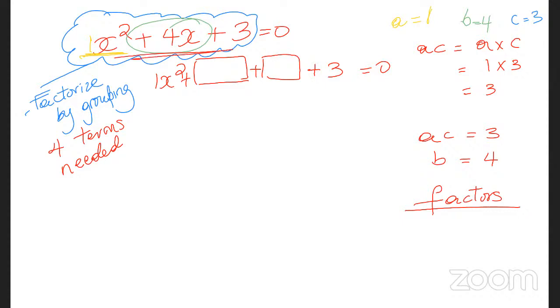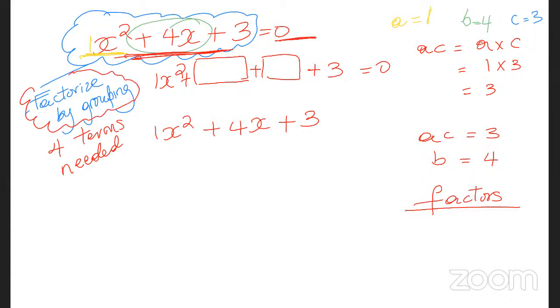So 2 expressions make an equation. That's one expression, that's one expression. The equal sign connects them into an equation. So we're going to rewrite 1x squared plus 4x plus 3 so that it has 4 terms so we can factorize by grouping, because we know how to factorize by grouping.